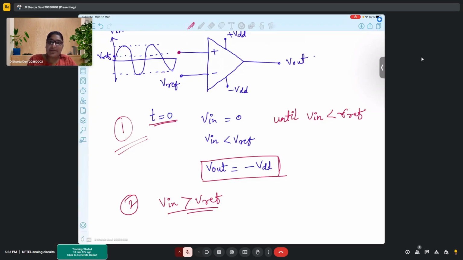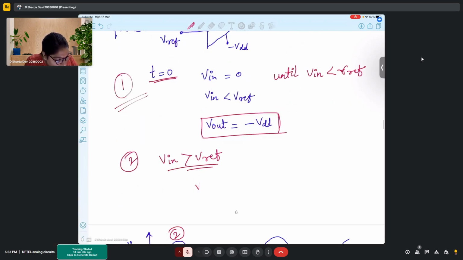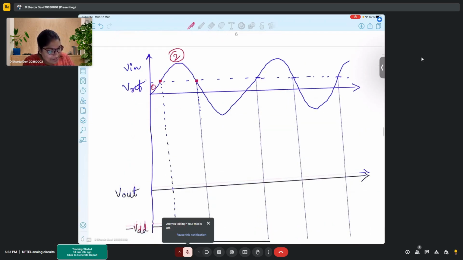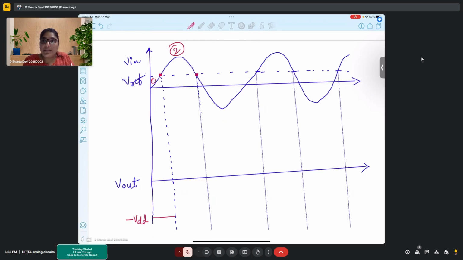So if the positive terminal is at higher potential, the output that we would get is positive VDD. So in the whole of the second region, my output turns to plus VDD. So this is my range of VDD. Okay.